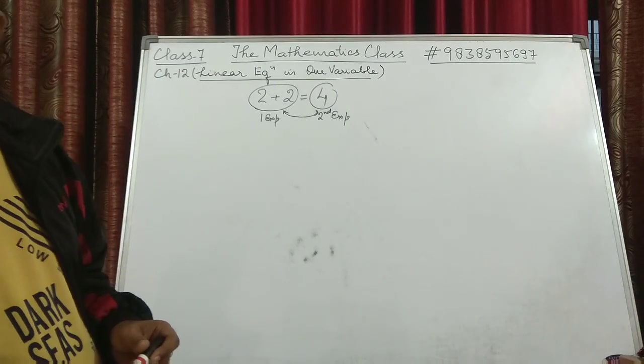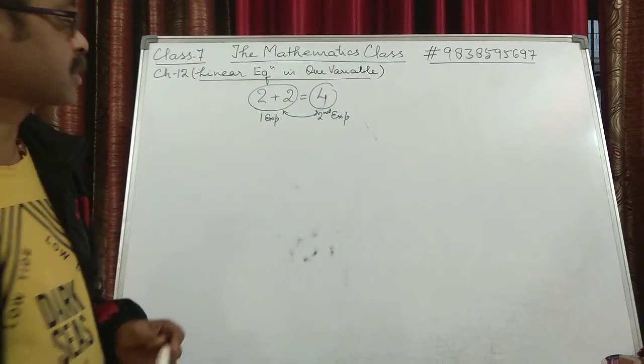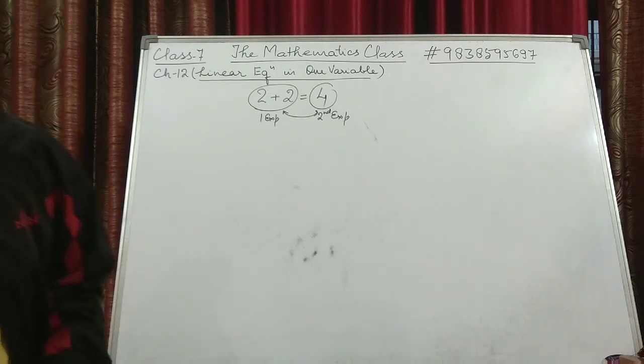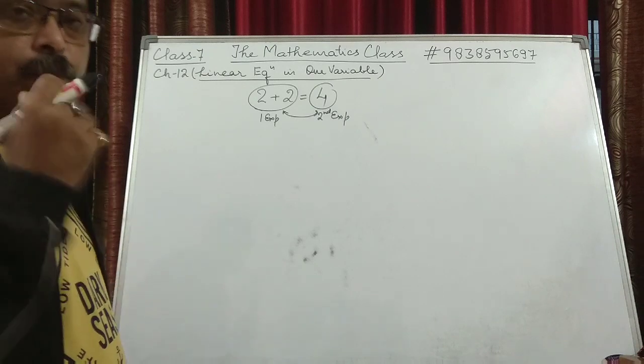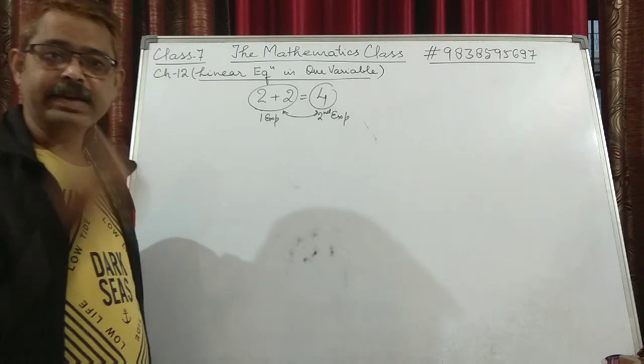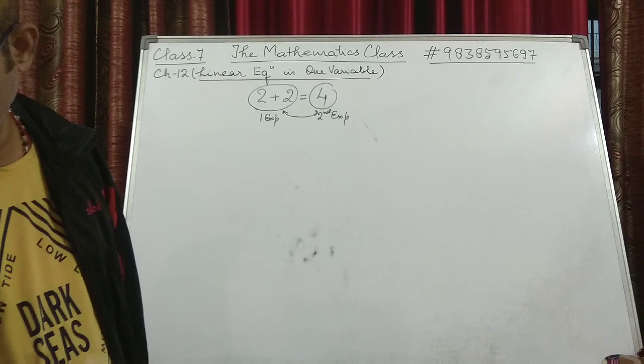Now next thing is, what is an algebraic expression or algebraic equation? An algebraic equation is an equation which contains at least one variable.